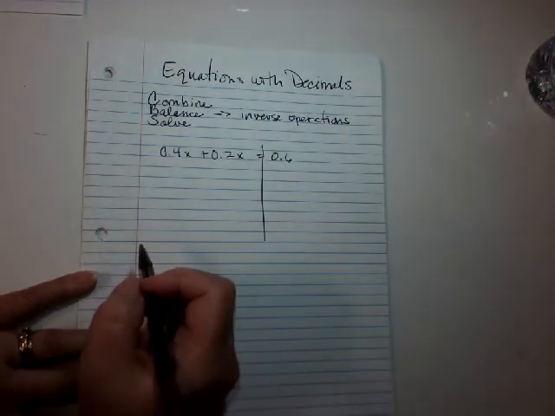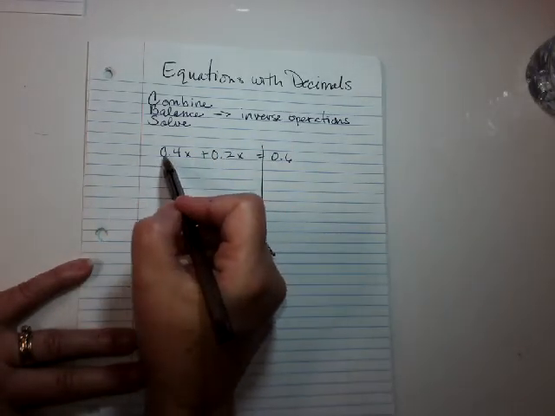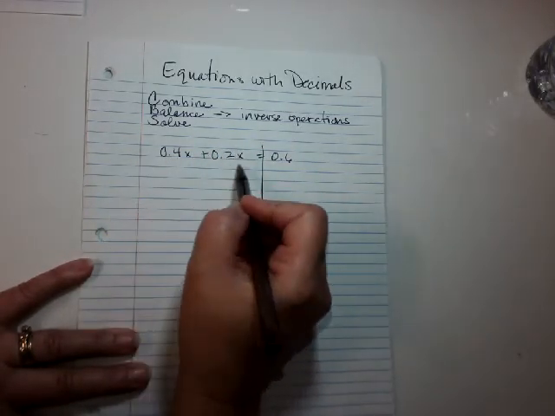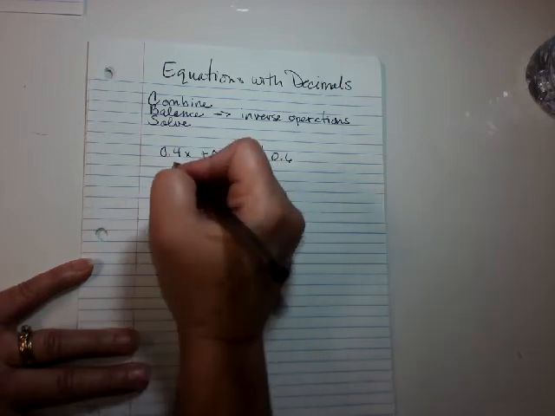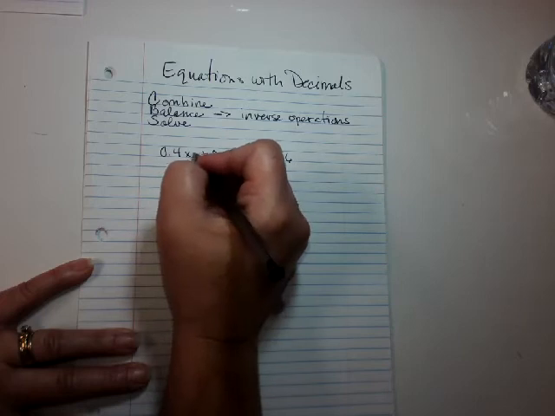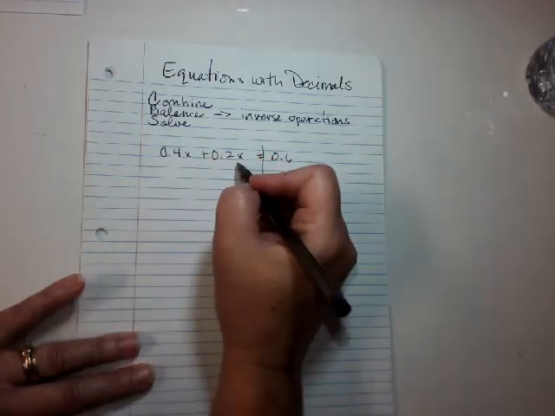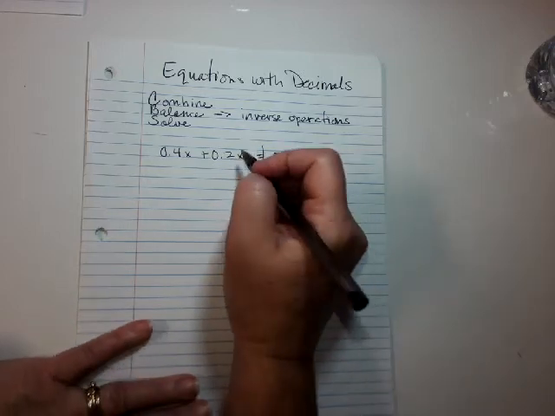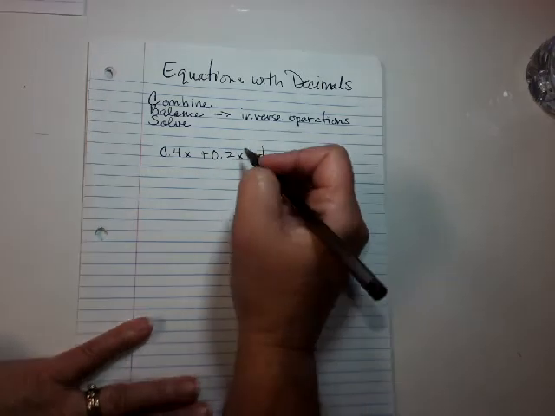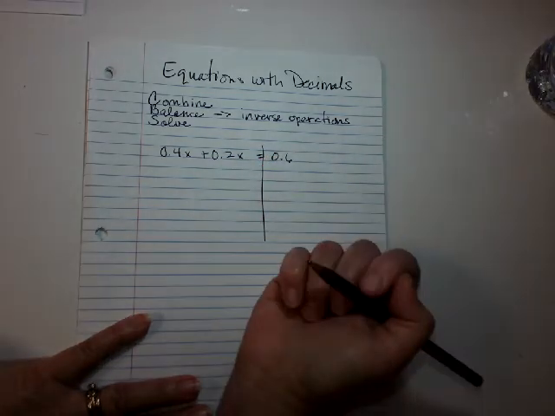Okay, so we're going to look at these and what the terms are made up of. I have a coefficient of 4/10 and a variable of x on this one. And when I look at the other one, it's the same type of term. So 2/10 is the coefficient, and we have the x for the variable.